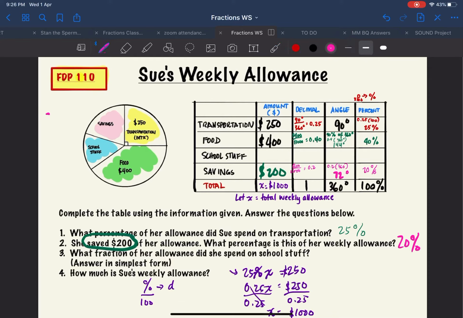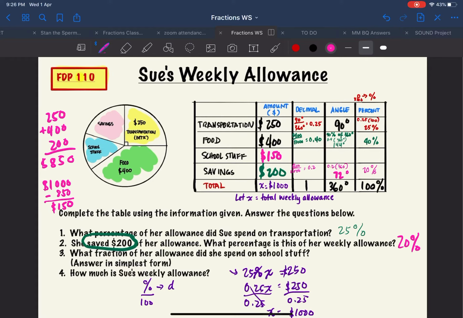So you have 250 plus 400 plus 200. That will total $850. So subtract this from 1,000 minus 850, you get $150. So for school, she spent $150.